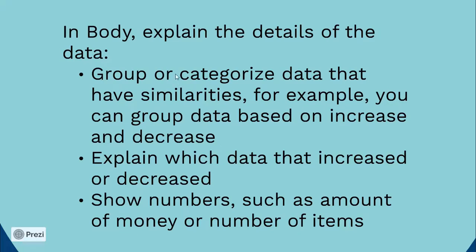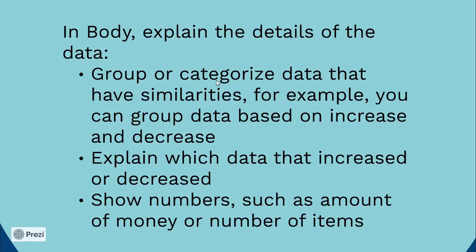We can do that by grouping or categorizing data that have similarities. For example, we can group data based on increase and decrease. And then the data that increased or decreased, in the example about money spent on books, we can explain them in different paragraphs. Also, when comparing details or data, we have to show numbers.